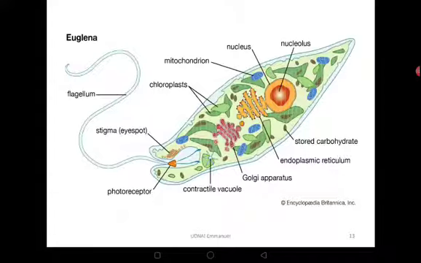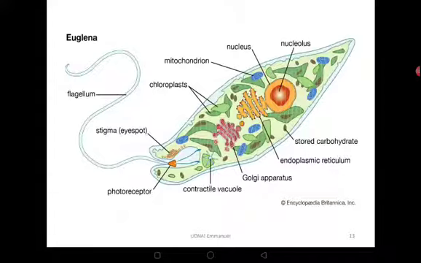Then the endoplasmic reticulum forms the intracellular transport systems there, and the rough endoplasmic reticulum also has ribosomes attached to them where protein synthesis takes place.